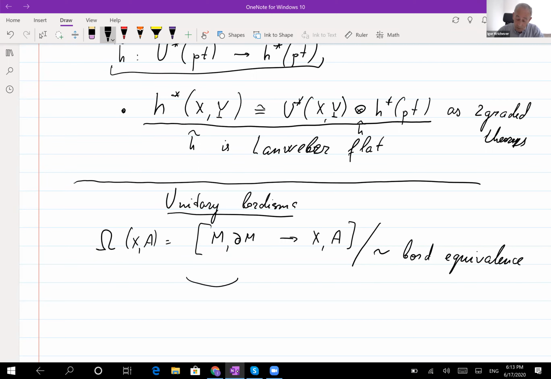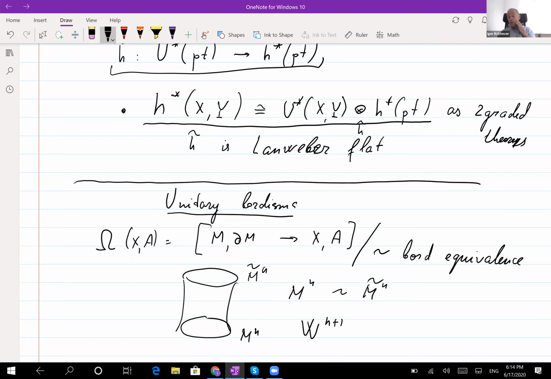For two manifolds M^n and M tilde^n to be bordant means that there exists a W of dimension n plus one, a manifold with a boundary, such that M^n minus M tilde^n is its boundary. I'm saying minus because you can refine the notion of bordism relation by putting in different structures.